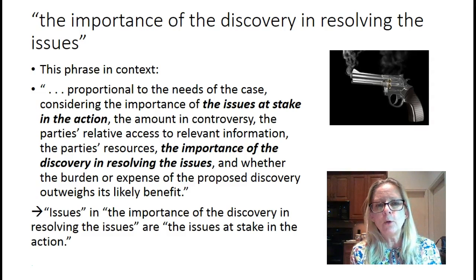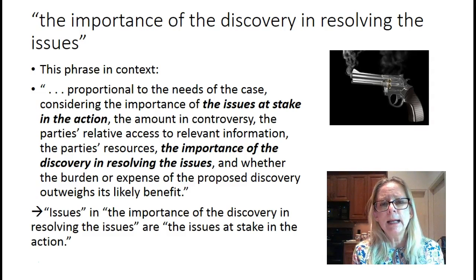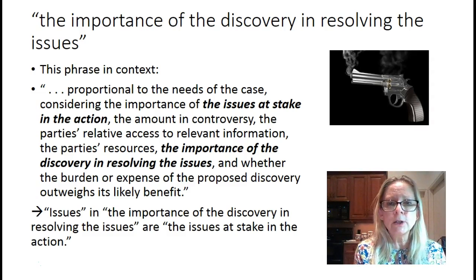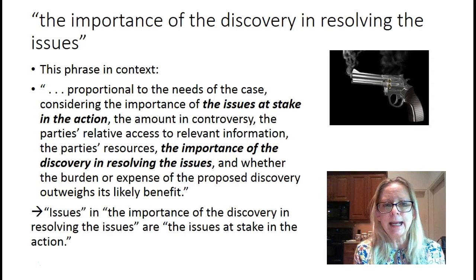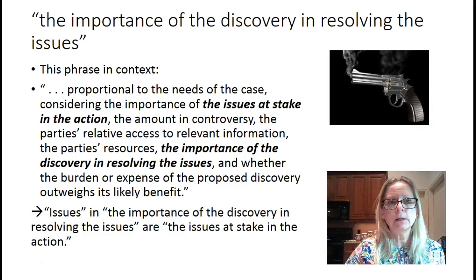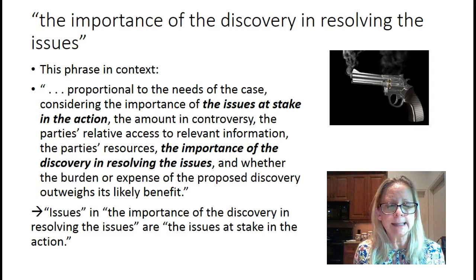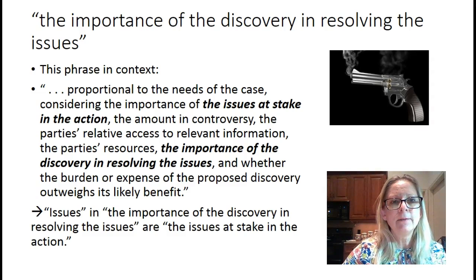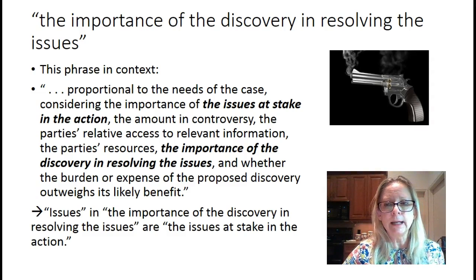So then when you go down, and we're talking about the fifth factor, the importance of the discovery in resolving the issues, that is referring to the issues at stake in the action. So how important is the discovery in resolving the issues at stake in the action? And I've got a little picture of a smoking gun there to illustrate something that would be very important in resolving an issue.